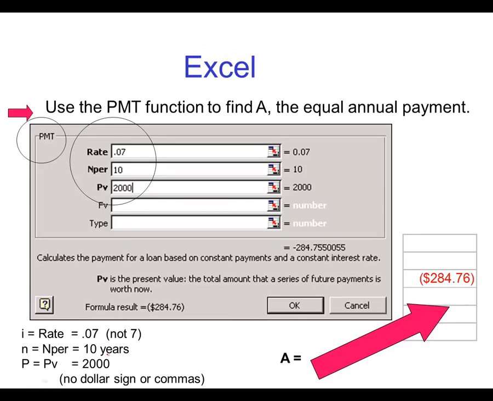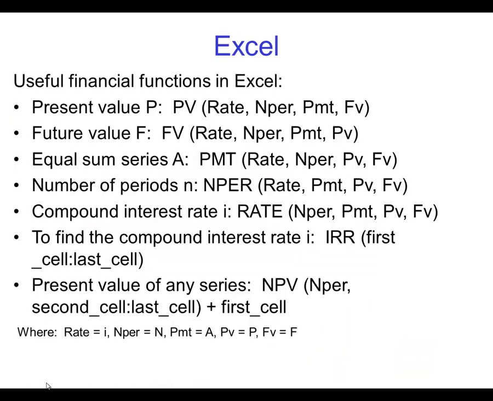In this case, I can find the PMT, which is the payment function, and that's A. The rate at 7%, the number of periods is 10, the present value is 2,000, and that will be 284 and 76 cents. That's annual or annuity or equal payments. So A is equal to 284 and 76 cents.